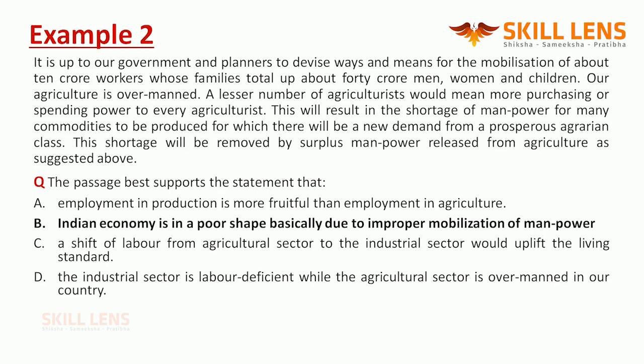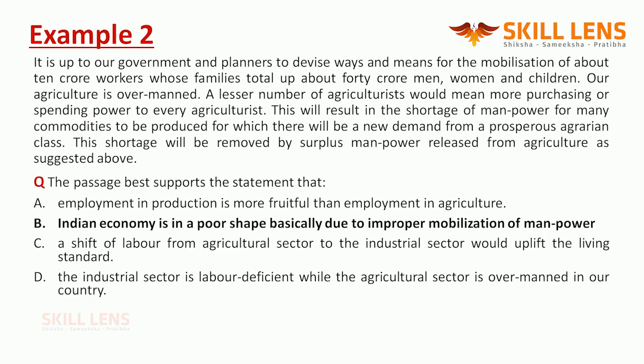But it does not say anywhere that it would lift the living standard. And the choice does not tell us whose living standard it will uplift. As such, we can also eliminate option C. It is not the most precise information that we can connect with the paragraph.